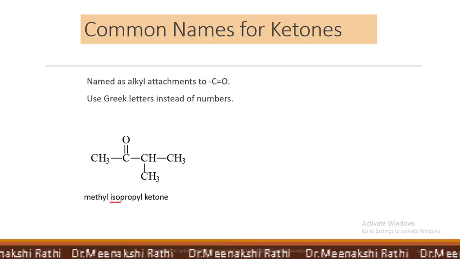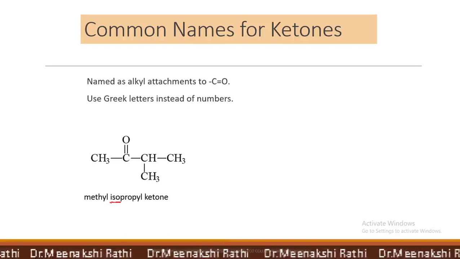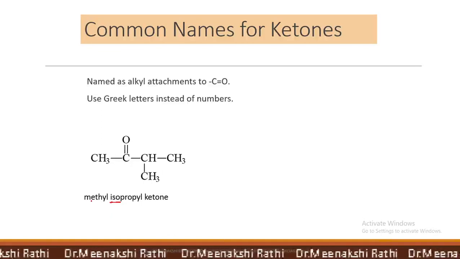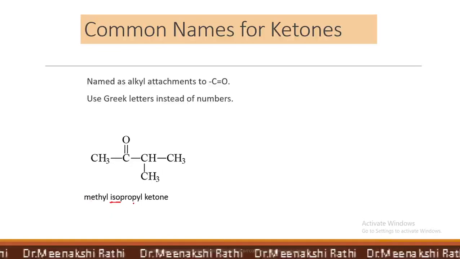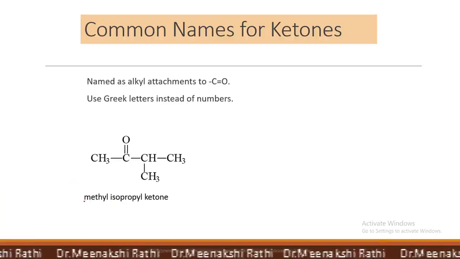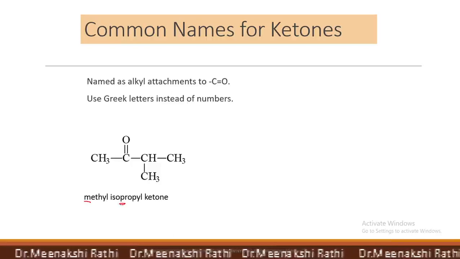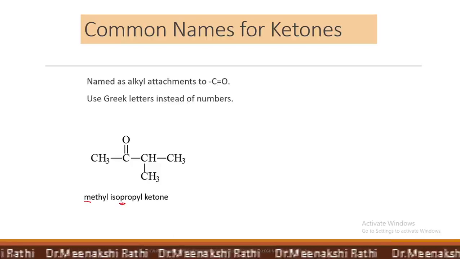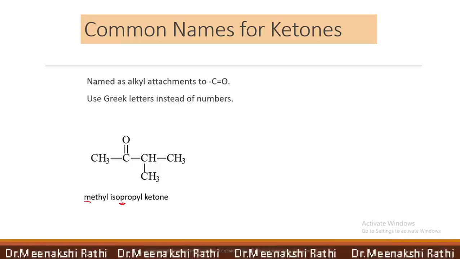Don't consider these while considering the alphabetical order. So, though methyl and isopropyl are there, we need to consider only methyl and propyl. In both, M comes first. So, we are writing methyl isopropyl ketone.